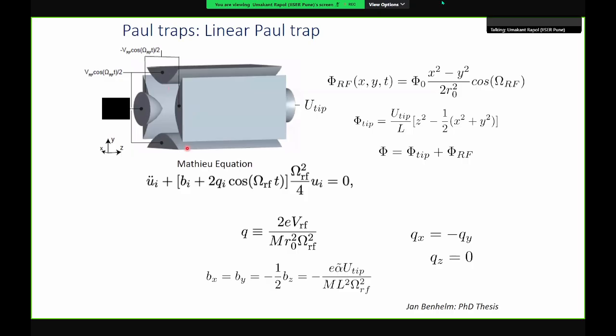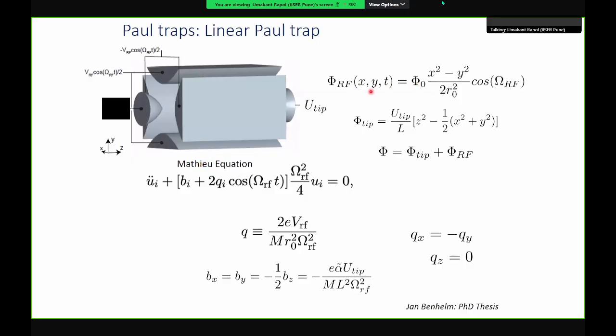So you have these four electrodes, to which you apply the radio frequency at a certain frequency omega RF, to pairs of electrodes that are opposite to each other, and you apply a DC voltage across these tips. And there the potential you write along the radial direction, which is the cross section of this linear trap.